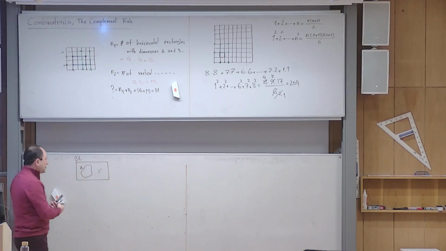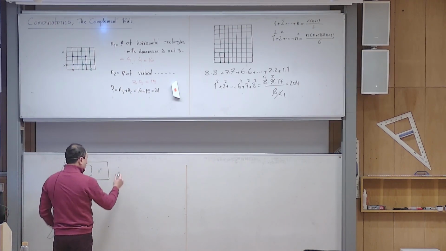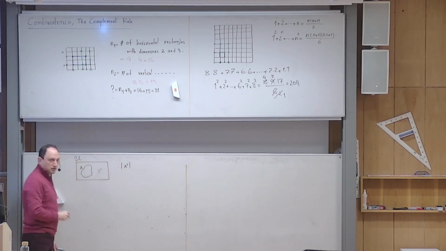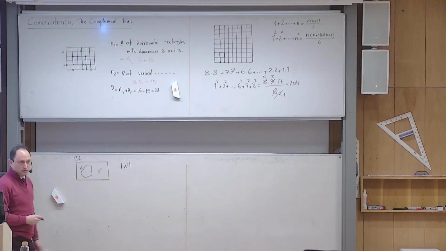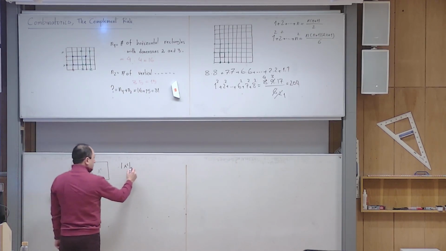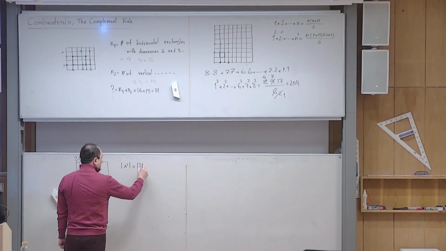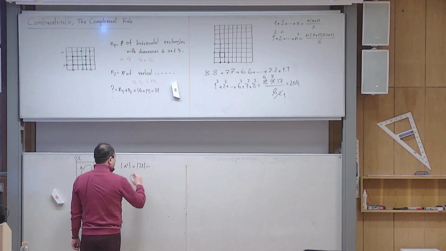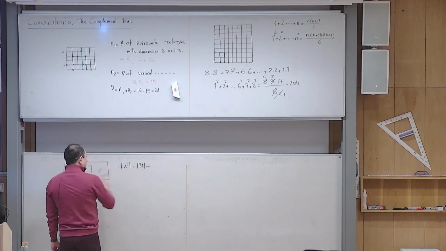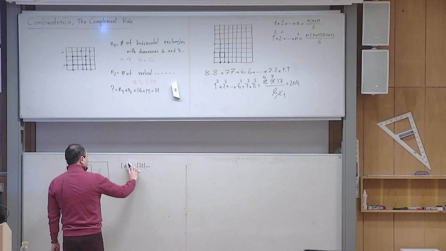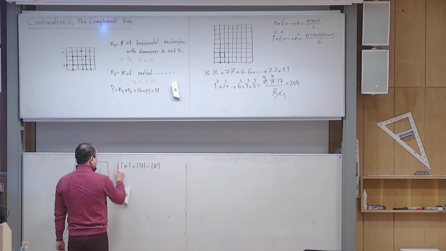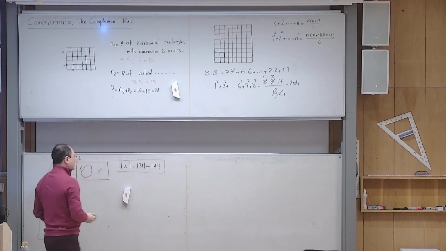If you want to know the cardinality of the complement of a set, if the set is finite and the universal set is finite, you write the cardinality of the universal set, in this case all possibilities, minus the cardinality of A, let me write it the other way around, minus the cardinality of the A complement. So that is exactly the complement rule.